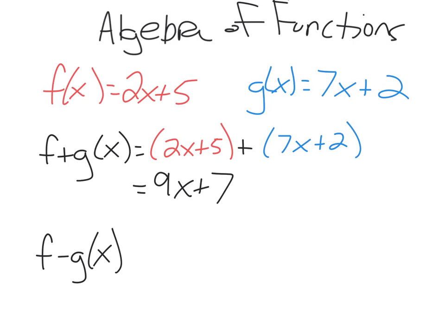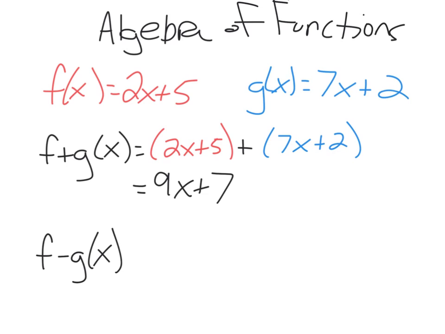All right, now this does matter, the order, because I could switch up the order. F plus g of x happens to be the same as g plus f of x, but on subtraction that's no longer true. I wrote this one out, and it didn't really make that big a difference because we were adding. But since we're subtracting, I would write them out because it will affect everything, okay?